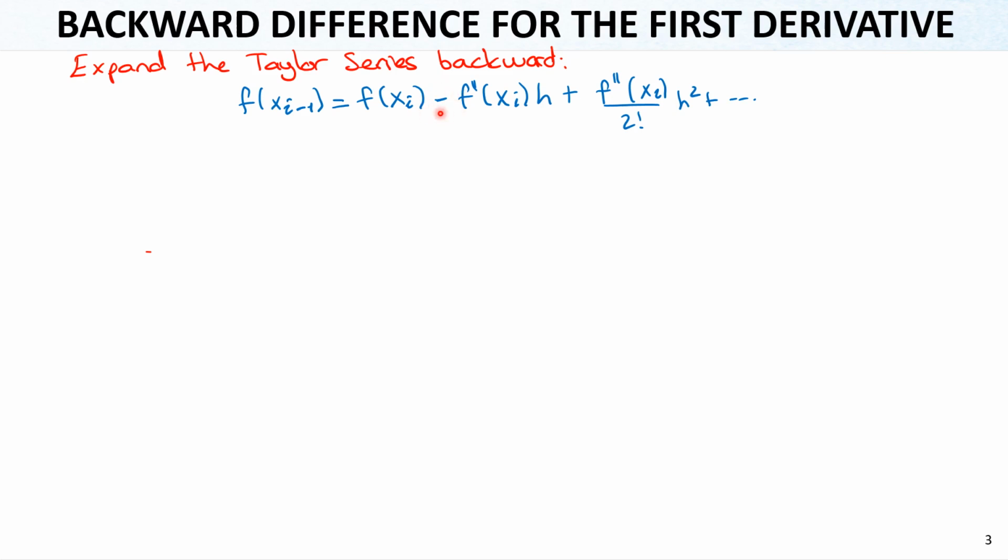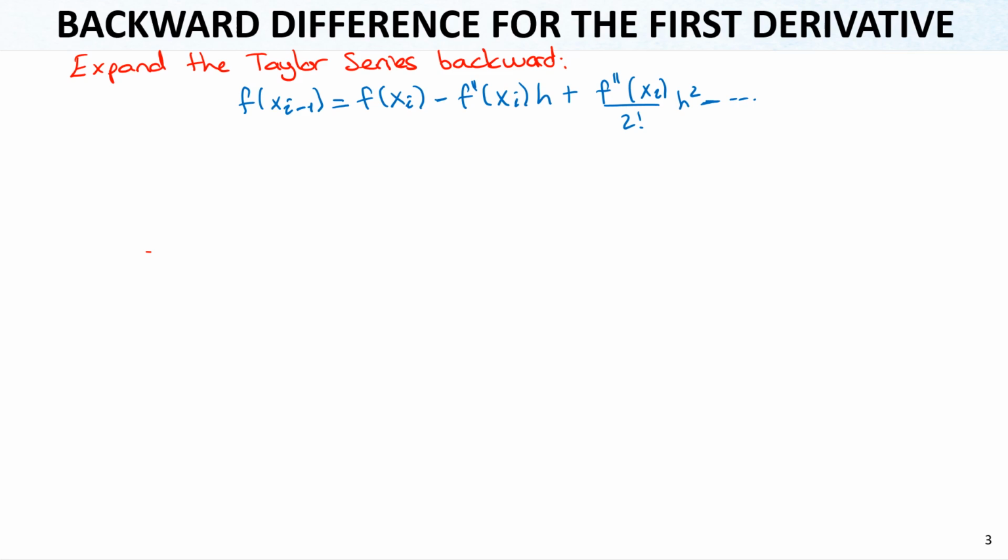So we subtract the second term, then add the third term, then also subtract the fourth term. So we have a sign change in every term.